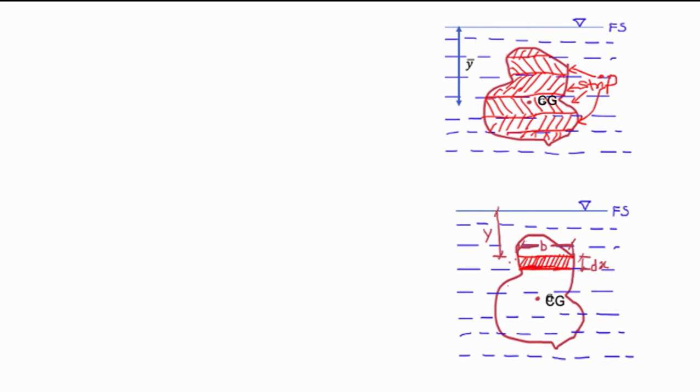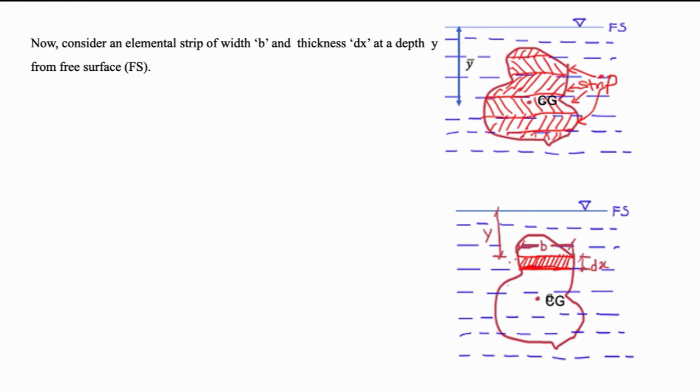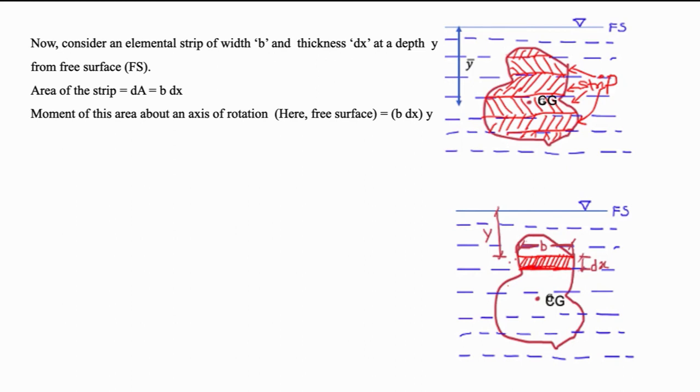Consider one strip of width b and thickness dx at a depth of y from the free surface. Therefore, the area of the strip dA is equal to b into dx. The moment of this strip about the axis of rotation is b dx into y. Here, the free surface is the axis of rotation. That is, the first moment of the area of the strip about the axis of rotation is b dx into y.